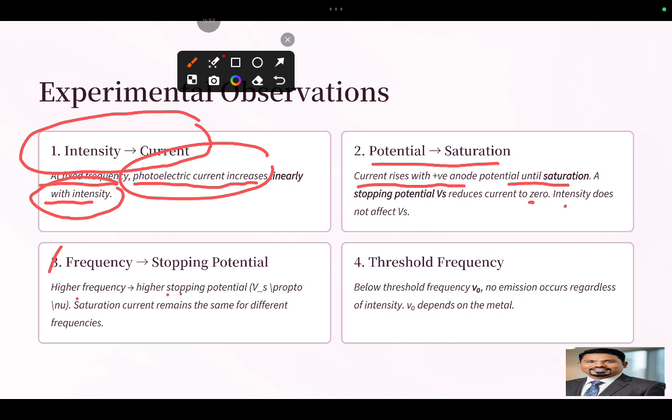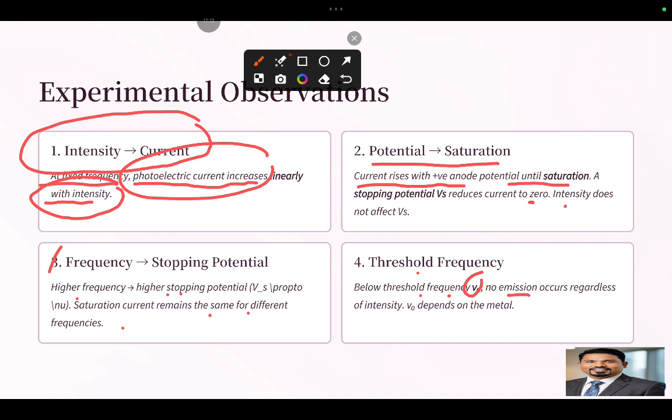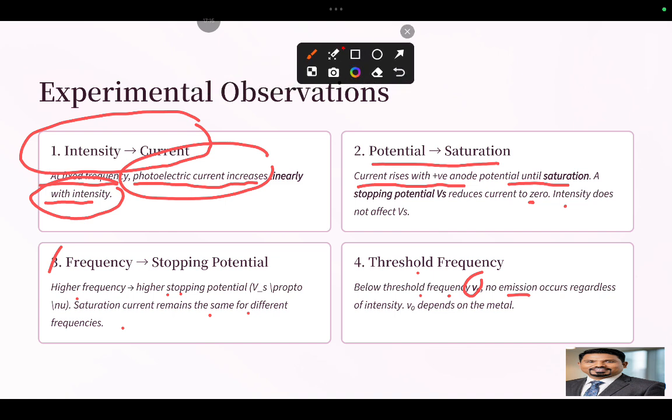Saturation current remains the same for different frequencies. Threshold frequency: below the threshold frequency nu naught, no emission occurs regardless of intensity. Nu naught depends on the metal, that means the nature of the metal. So these are the four conclusions, observations made from the experimental procedure.